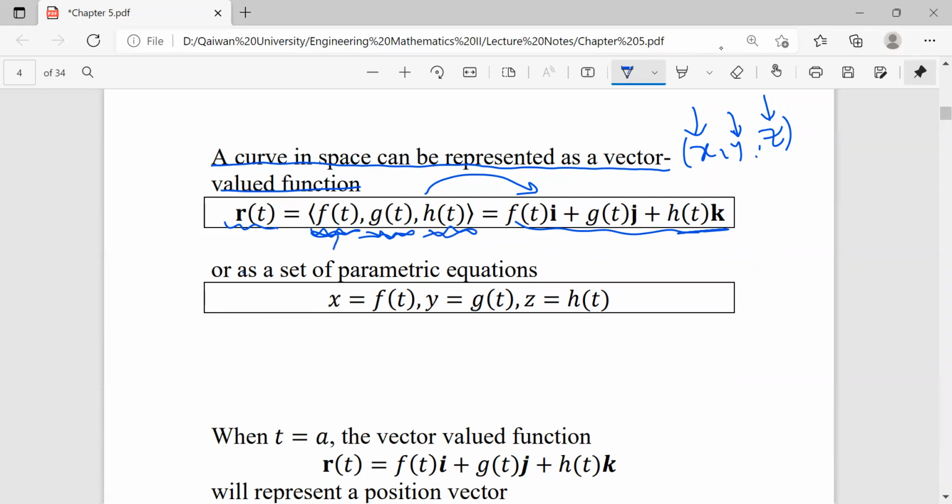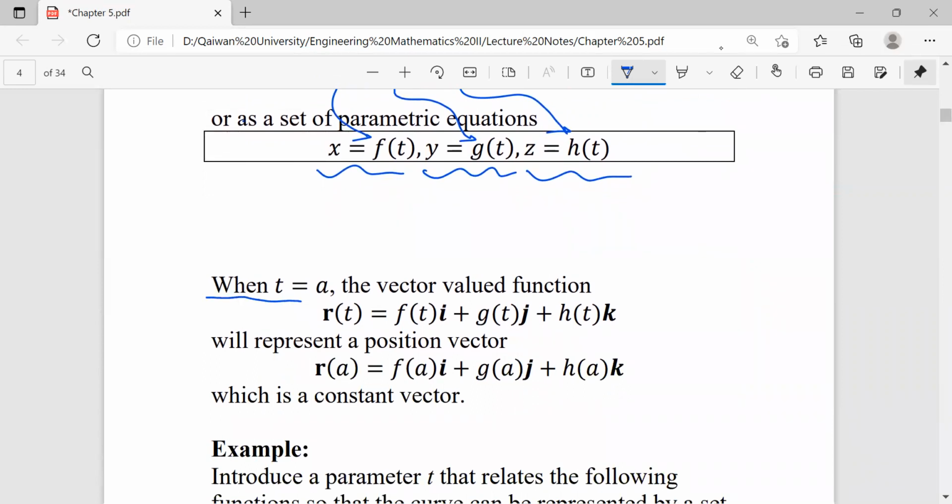We say x is f of t, y is g of t, and z is h of t. This is a set of parametric equations. Since t is a parameter, f of t, g of t, and h of t are parametric equations.